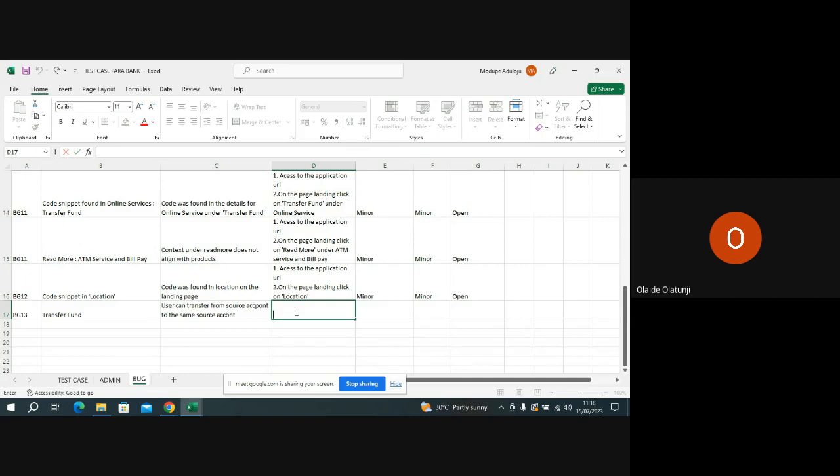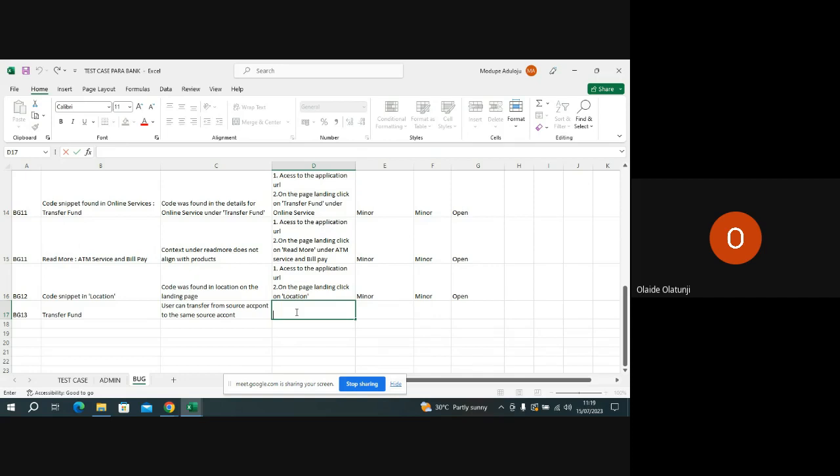Then you now do bugs found, total items of bugs found. I'll just write the number, like for instance, total bugs found 17. So you say Parabank test report. Parabank user test case: total test case, the number that passed, the number that failed.